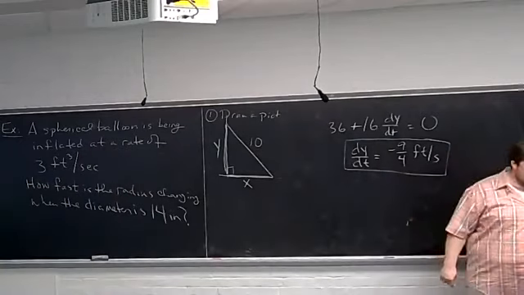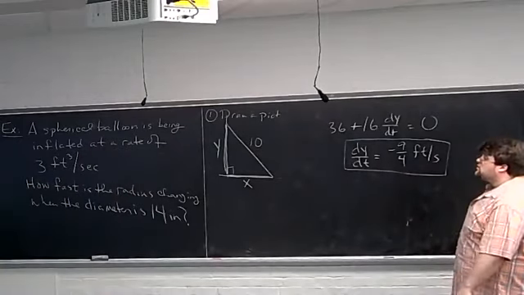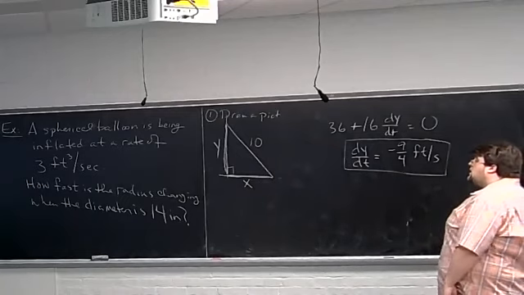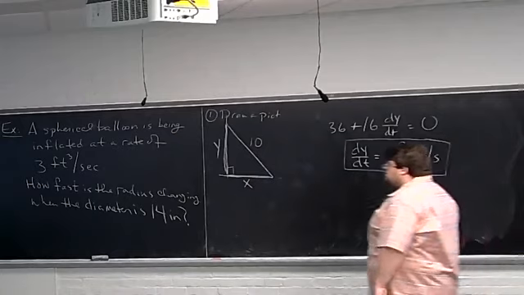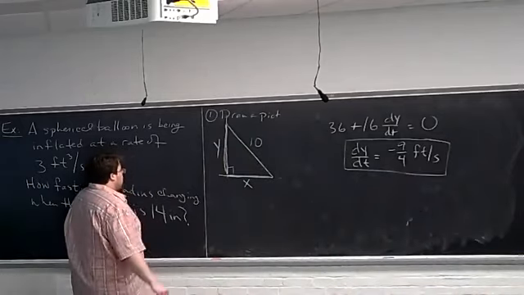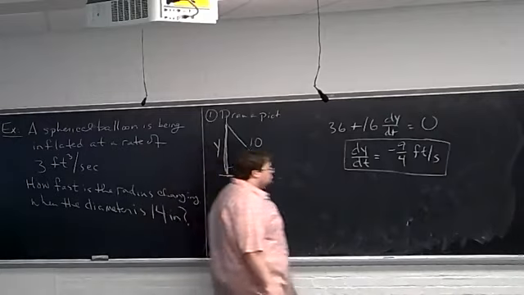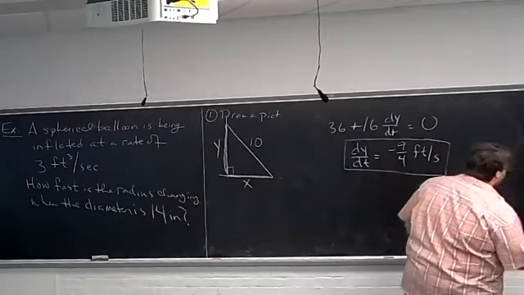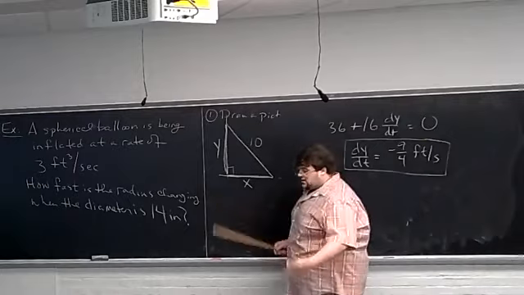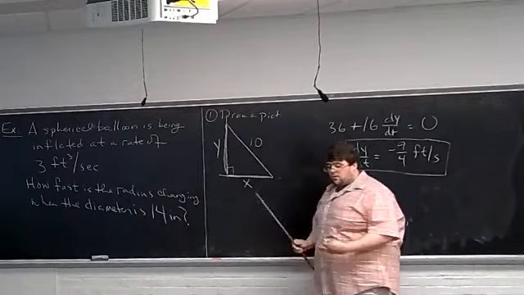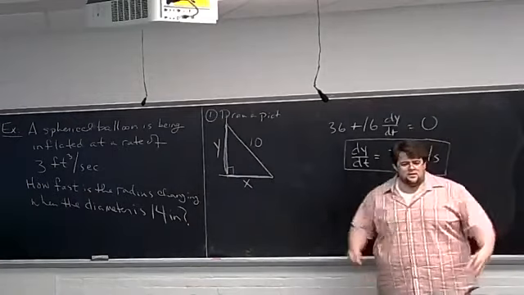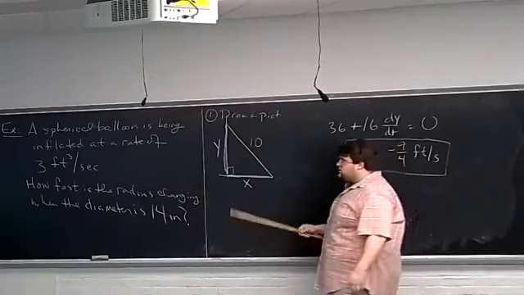Next example, a spherical balloon is being inflated at a rate of 3 cubic feet per second. How fast is the radius changing when the diameter is 14 inches? But before that, why was dx/dt positive, dy/dt negative over here? Well, remember, with velocity, walking forward is positive, walking backward is negative velocity, meaning when you walk forward, your change of position is in the positive direction.